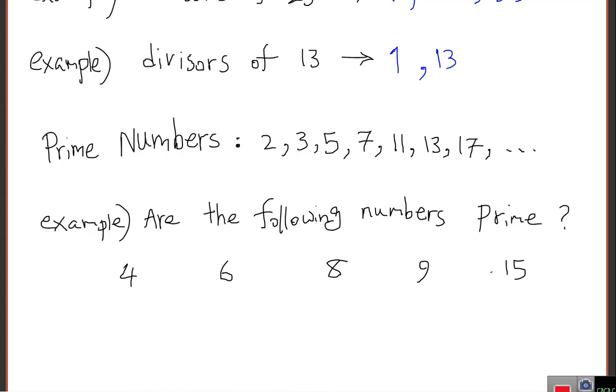So we concentrate on each number here. 4 has 1 and 4 as divisors for sure. But it is divisible by 2 also. So we have more than 2 divisors, so it is not a prime number.